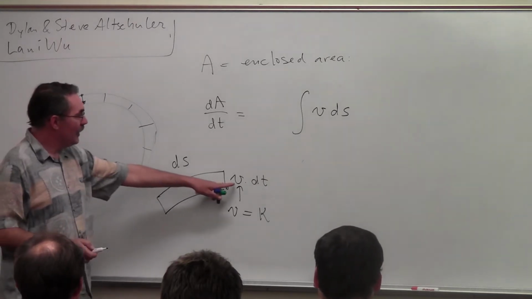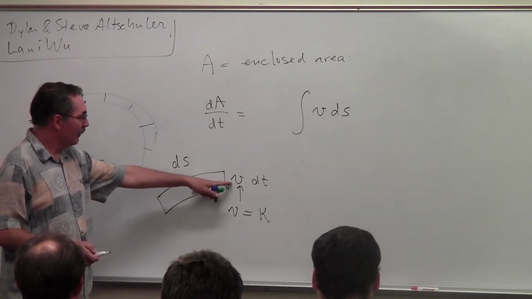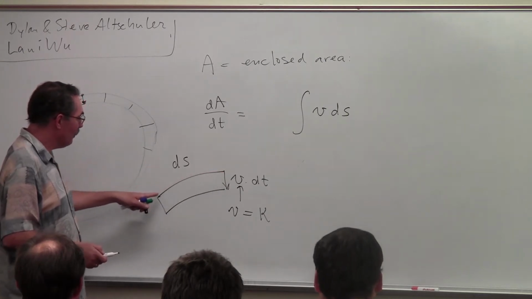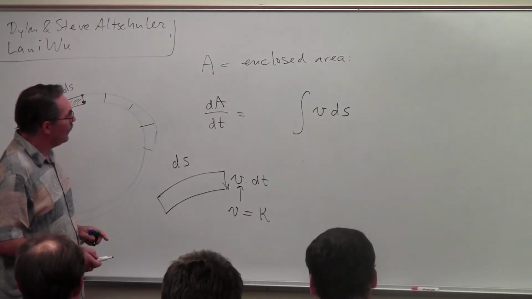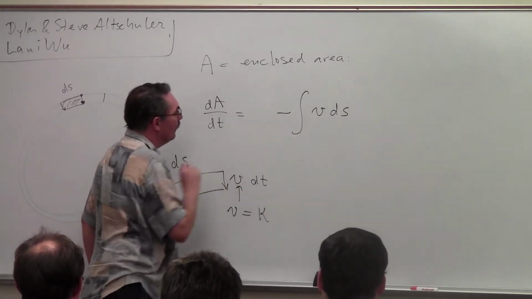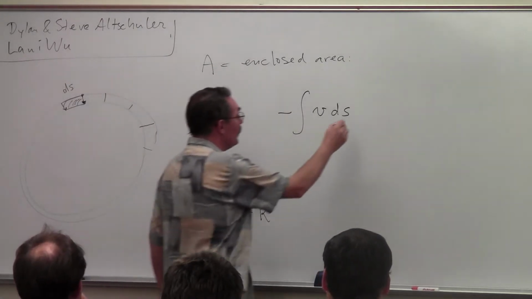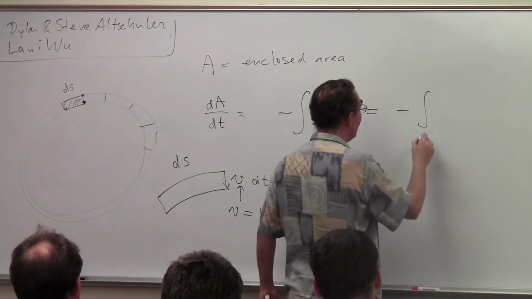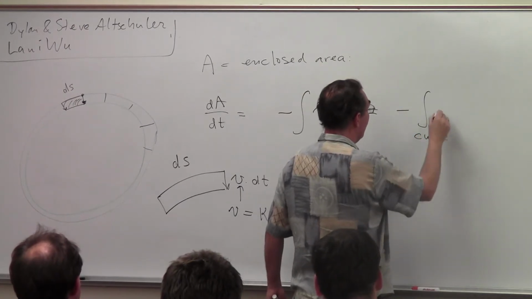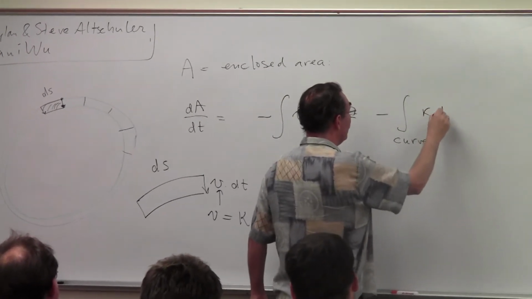Here v has to be the inward velocity, and the curvature is positive, so there has to be a minus sign here. If the velocity is equal to the curvature, then this is minus the integral over the whole curve of the curvature ds.